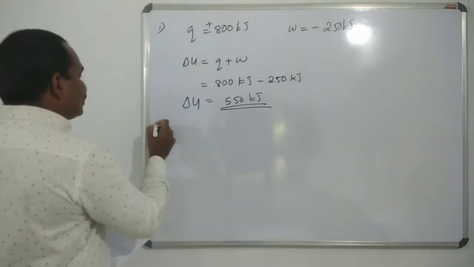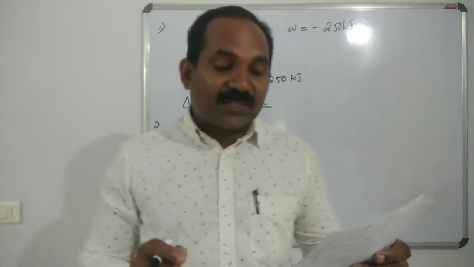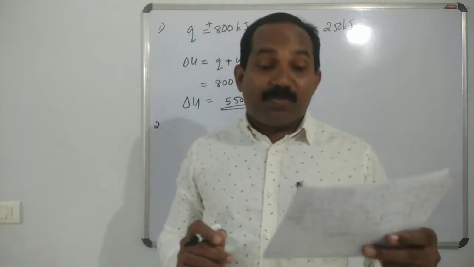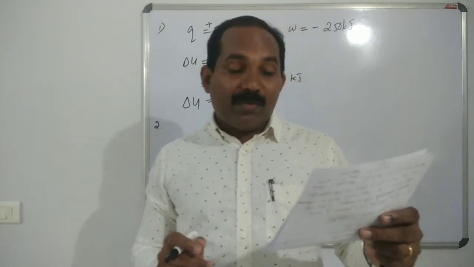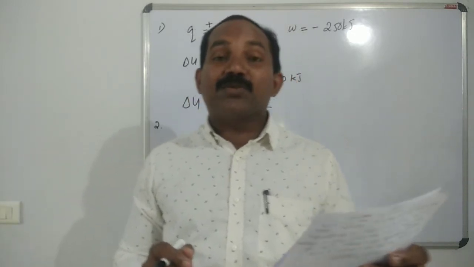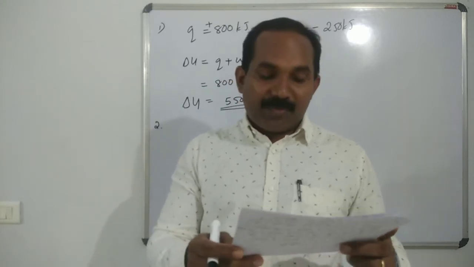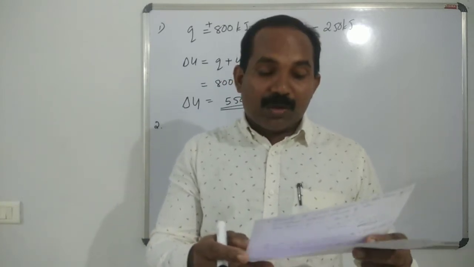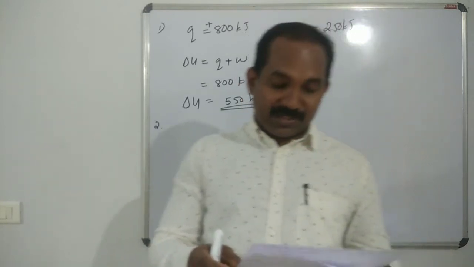And the second question. A sample of gas undergoes expansion against a pressure of 1 atm from a volume of 500 milliliter to 906 milliliter by absorbing 500 joule of heat. Calculate the change in the internal energy.